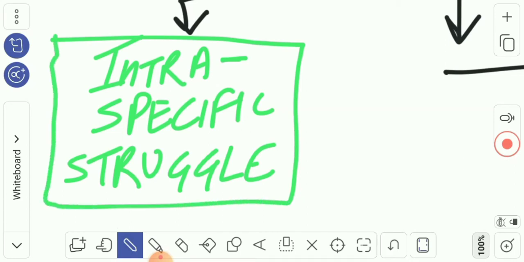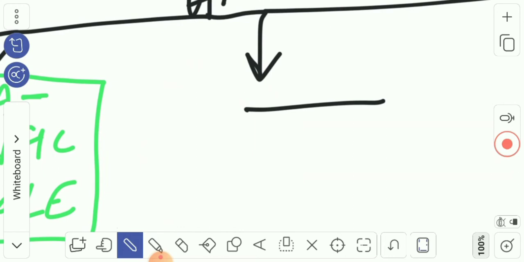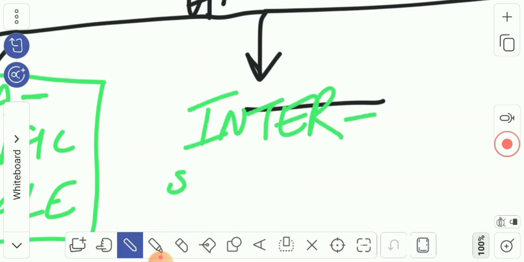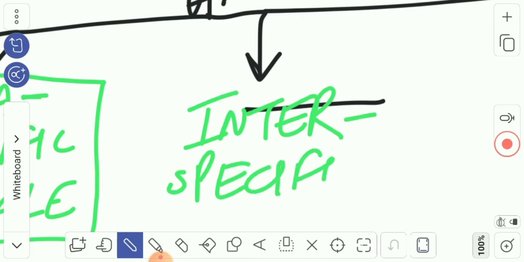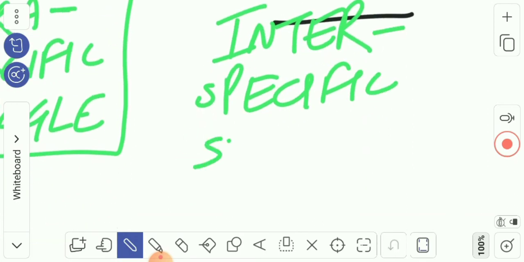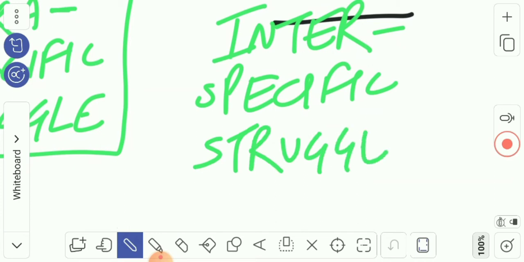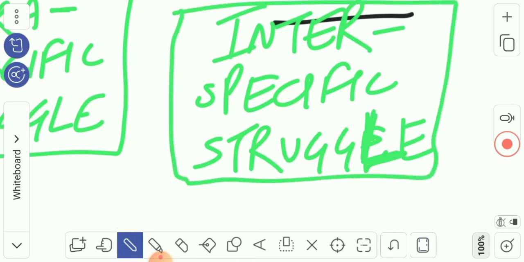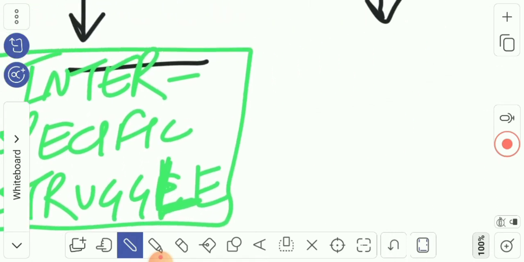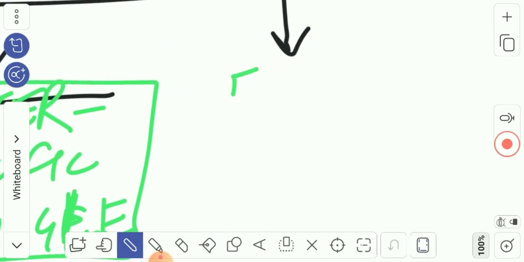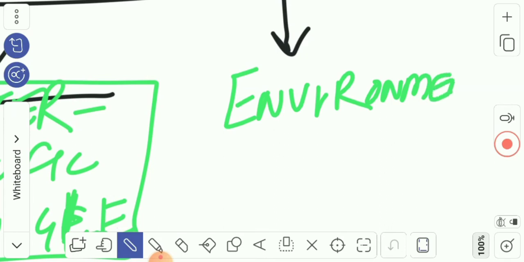Second is interspecific struggle. The third is environmental struggle.